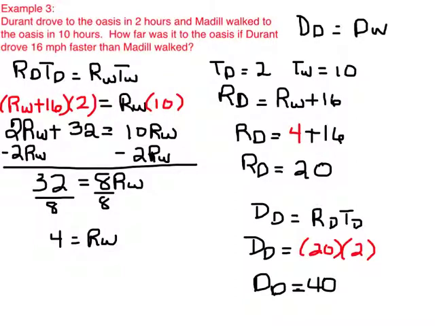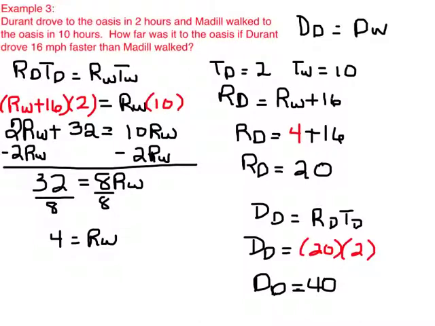So now it's just a matter of simple substitution, distributive property, and when you do all the math, you're going to find out that the rate of walking was 4. Alright, now it says how far was it, so it's wanting to know the distance.